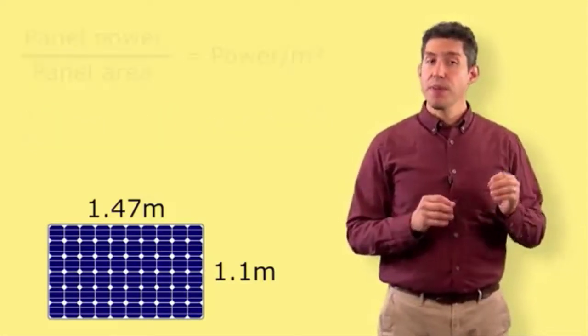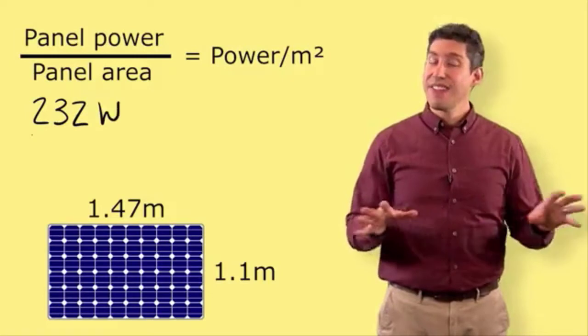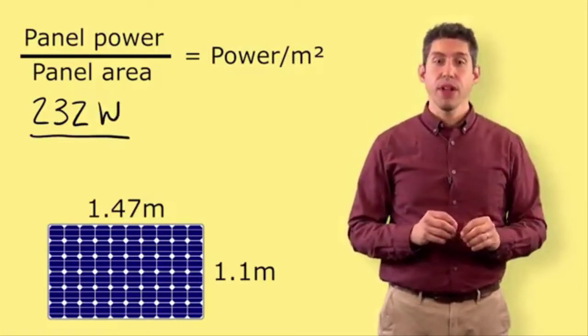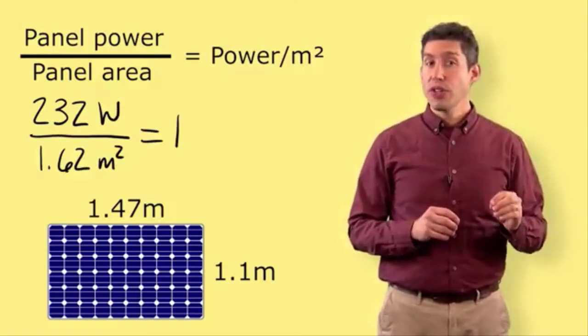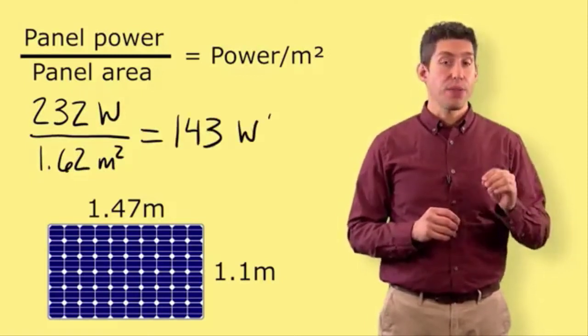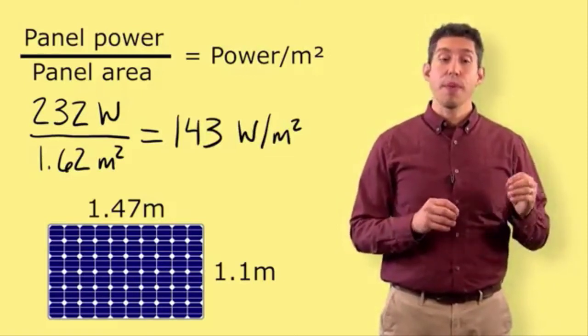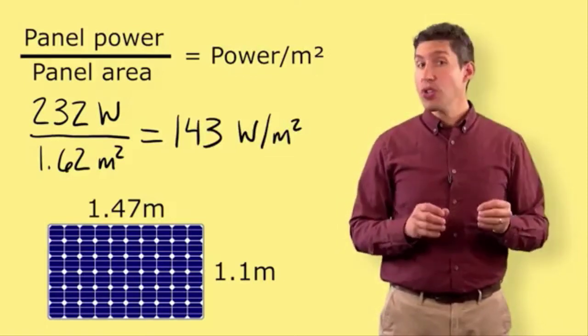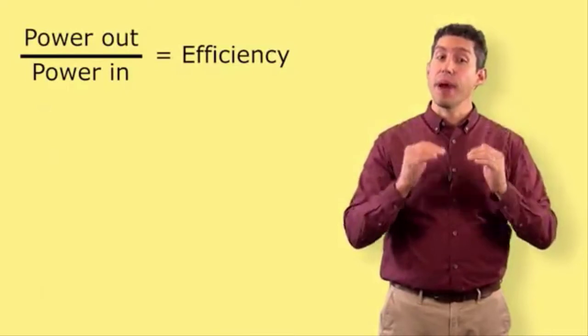If we take the panel's maximum power of 232 watts and divide that by the area of the panel of 1.62 square meters, we get 143 watts per square meter. We can then compare that to our power from the sun, which is also in watts per square meter. Efficiency is always calculated as power out divided by power in.